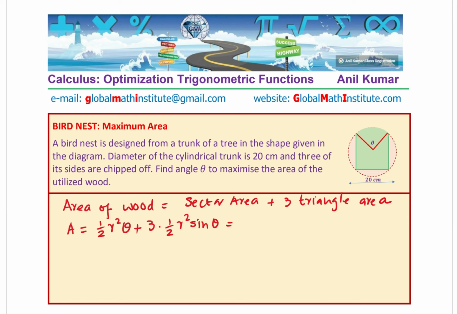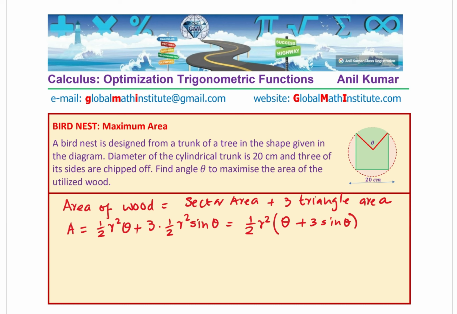So let's simplify this formula. We can take half r square common, and that leaves us with 3 theta plus 3 sine theta, right? So that becomes the formula.